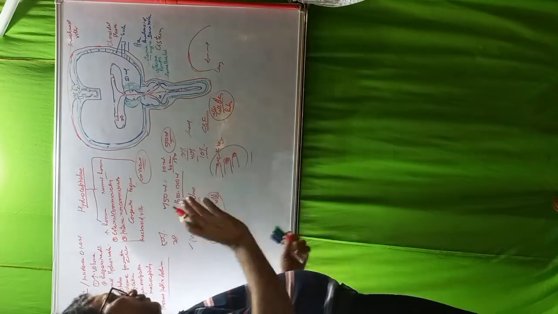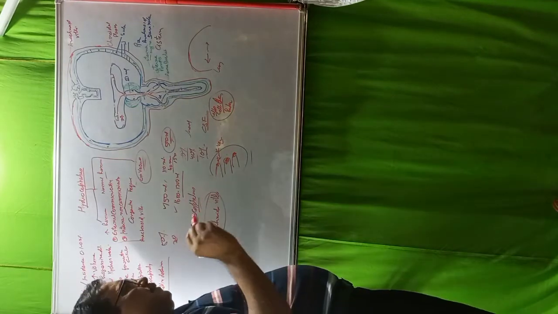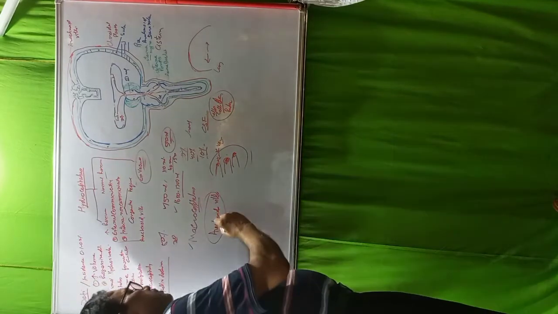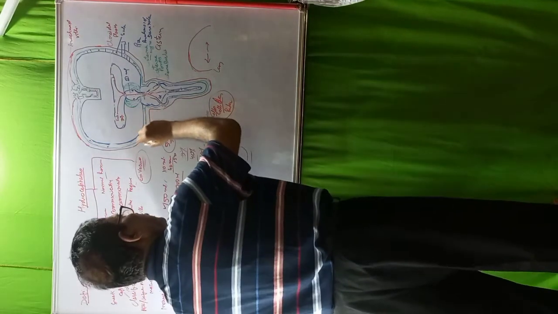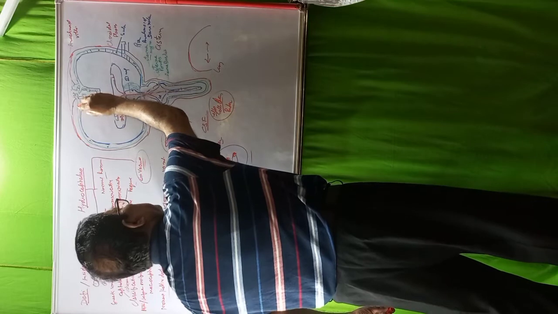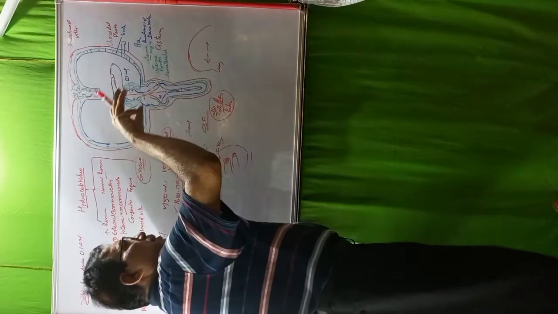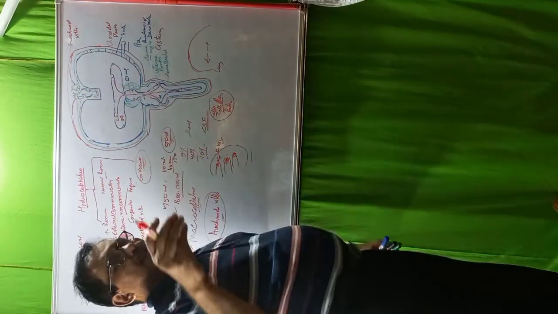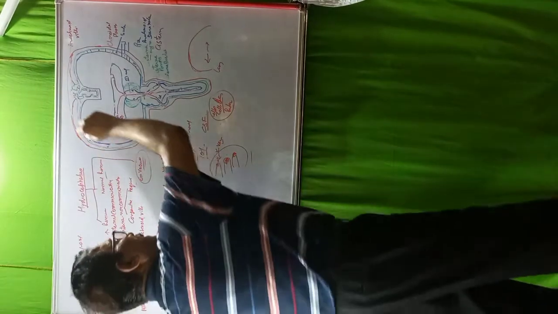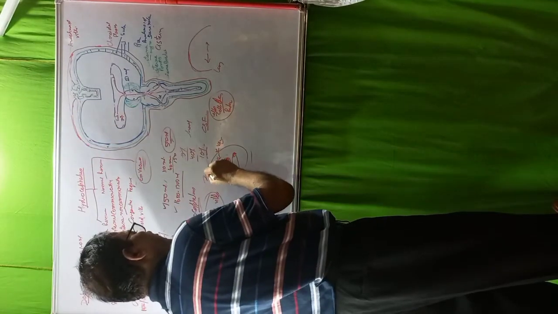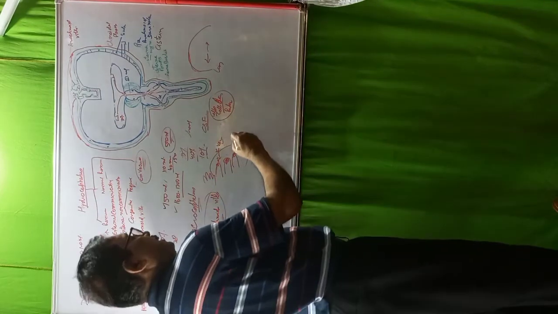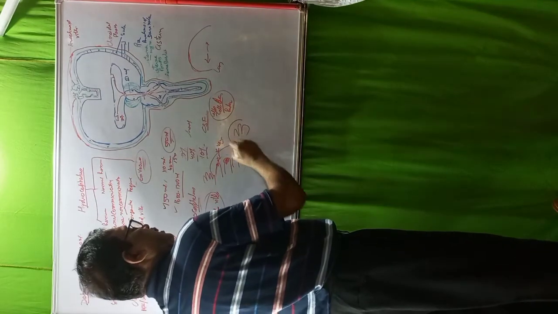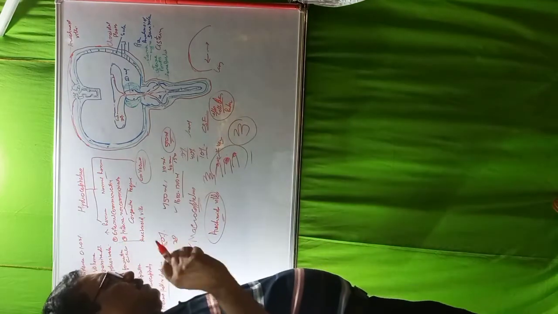It is absorbed from the arachnoid villi, where the arachnoid mater protrudes into the dural venous sinus. There are many villi, collectively known as arachnoid villi.